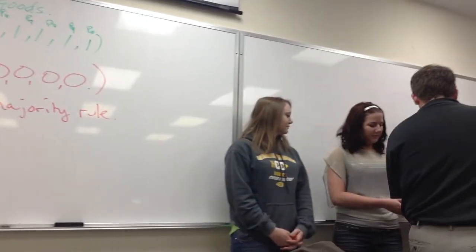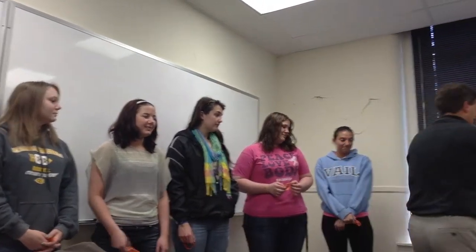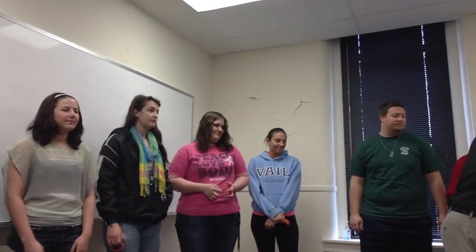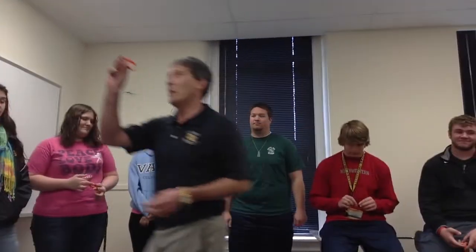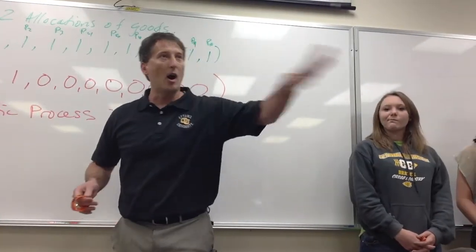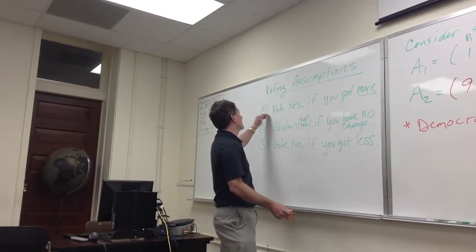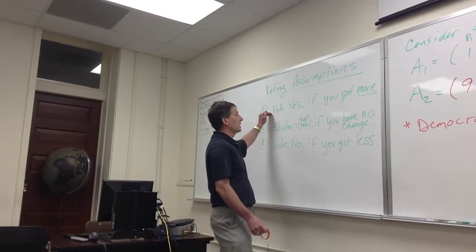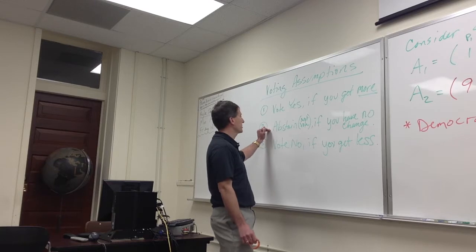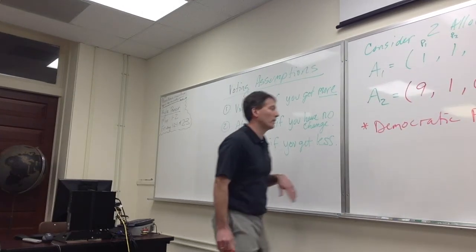So everybody take a bracelet here. Now we're back to A1. I want you to follow these assumptions now. If you get more, vote yes. If there's no change to your situation, vote no or abstain. And vote no if you get less.